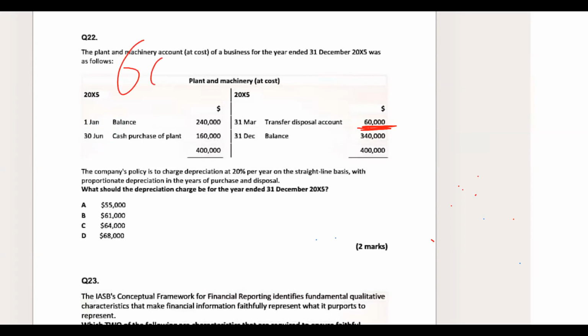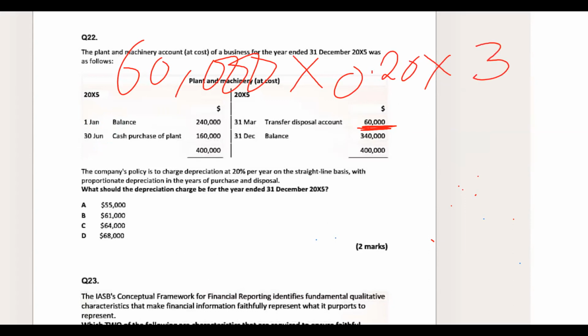So it should be 60,000 times 0.20 multiplied by 3 months, so 3/12, like that. What do we get?